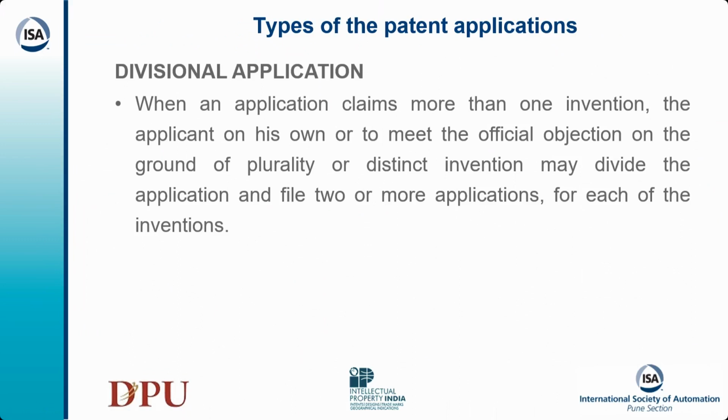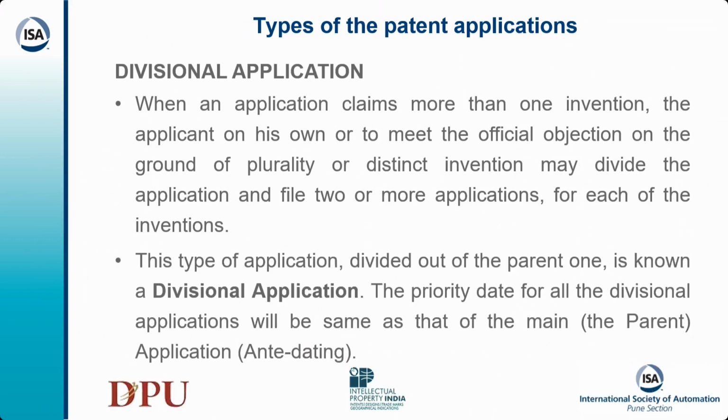Suppose you know that your patent has wide scope, you can file separate applications, and for that divisional applications will be useful. This type of application is divided out of the parent one and is known as divisional application. The priority date for all divisional applications will be the same as that of the original patent application.